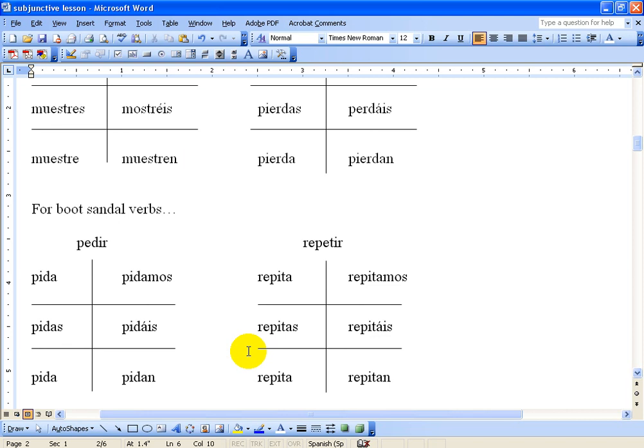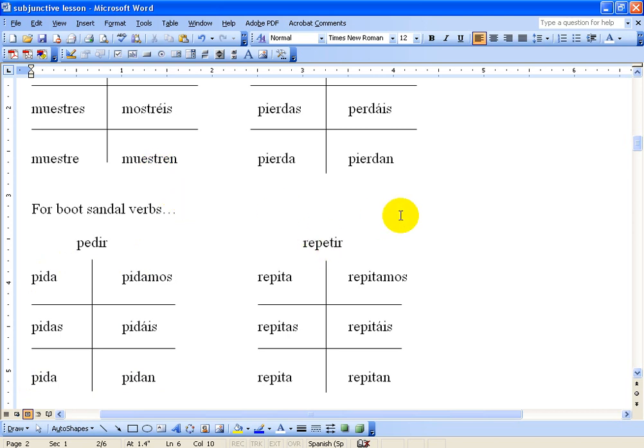Like pedir, for example, in the preterite, the E changes to an I on the bottom two forms, so that is technically a stem changing verb in the preterite, or what I like to call a sandal verb, to keep with the whole feet thing. So you'll notice that the difference here between this boot verb, which normally is an E to I verb in the present tense, is that I keep that I change throughout, unlike these verbs where it's just in the boot.